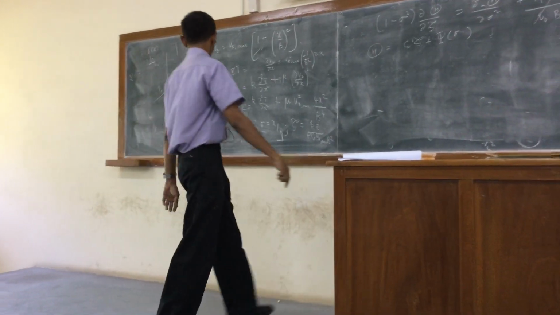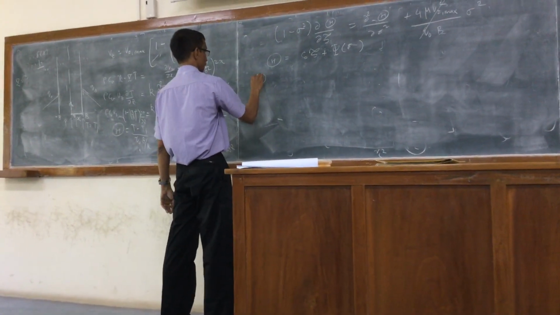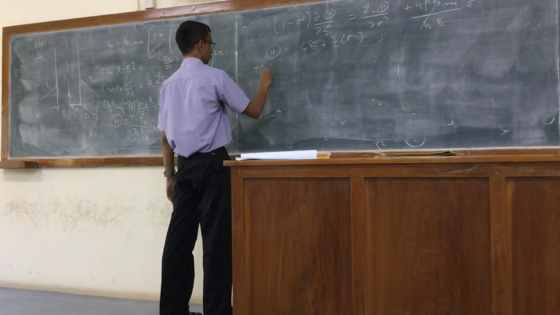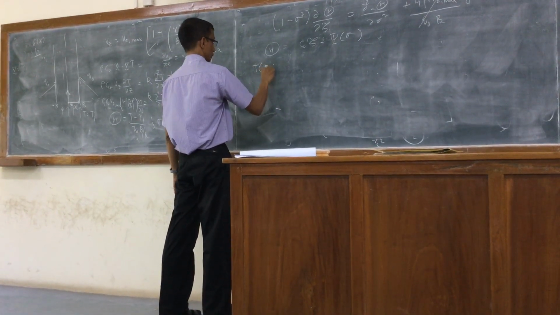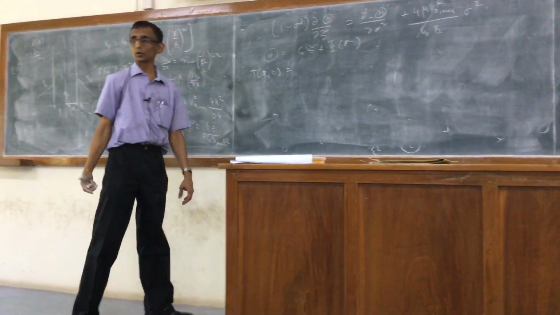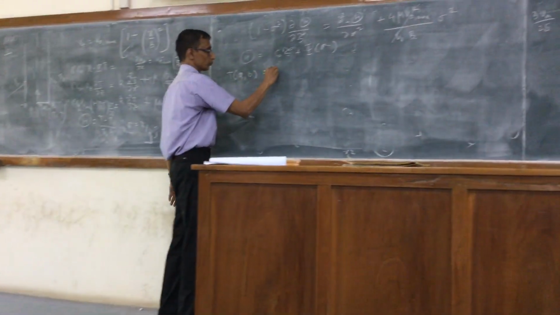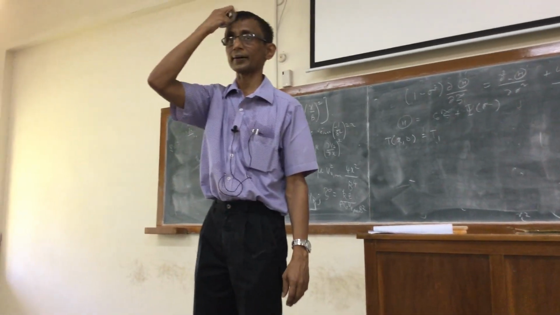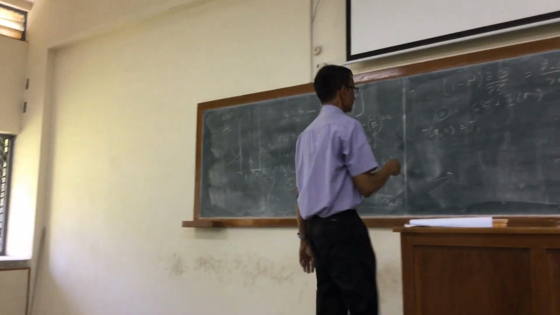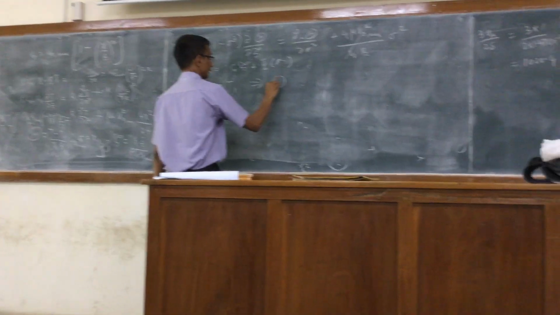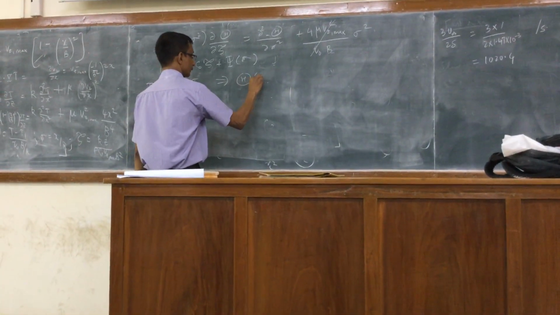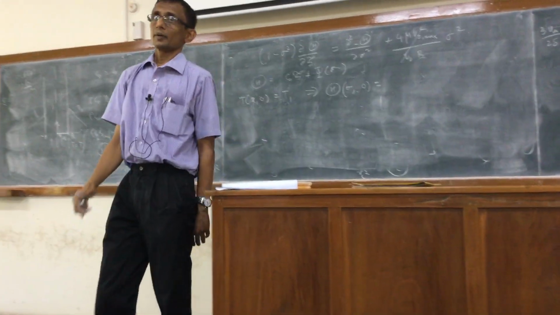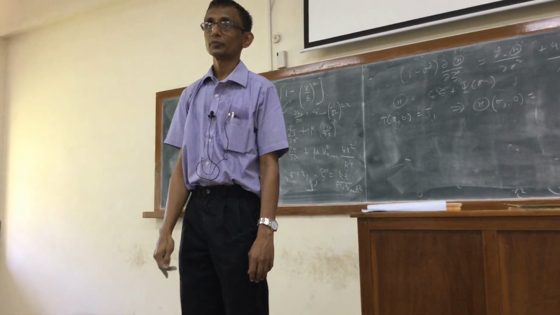And what is the one boundary condition at z equal to 0? T is equal to T1, that's given, uniform, right? That means the temperature is the same for all x at the inlet, right? So what does this mean? Theta at zeta 0 would be 0.